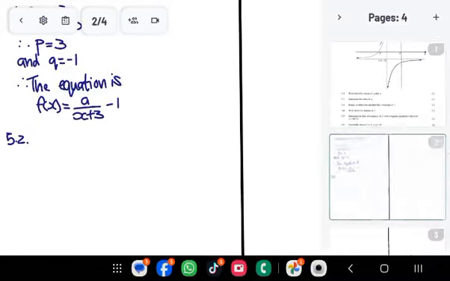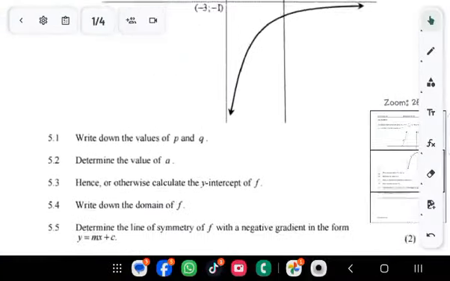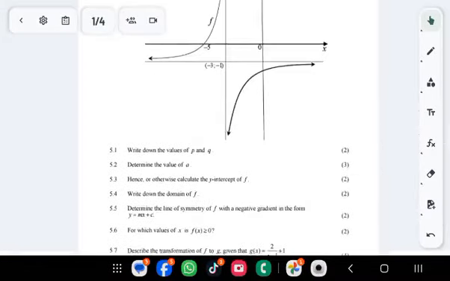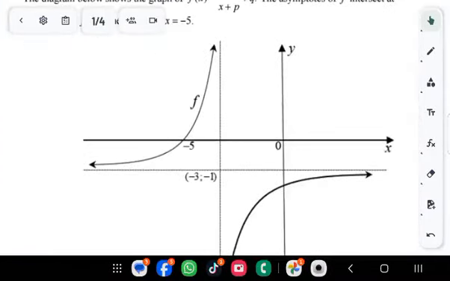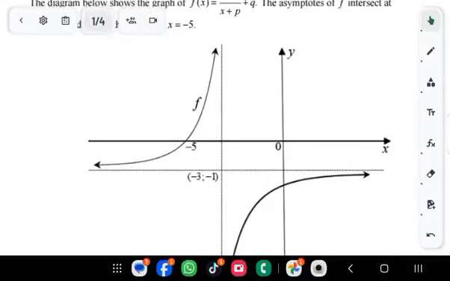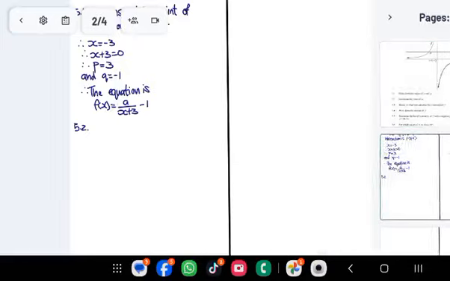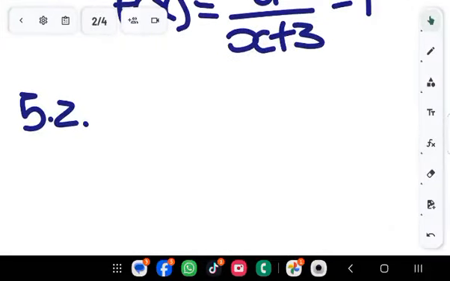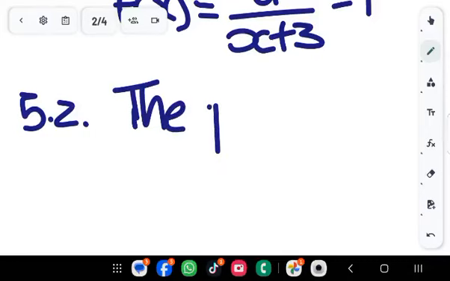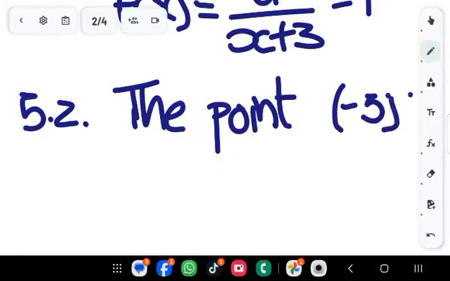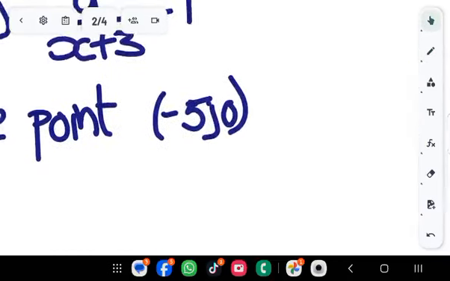5.2, next question goes: determine the value of a. Now in order to determine the value of a, we substitute any point on the function, and the point (-5; 0), which is the x-intercept, is part of that. The point (-5; 0) lies on f.